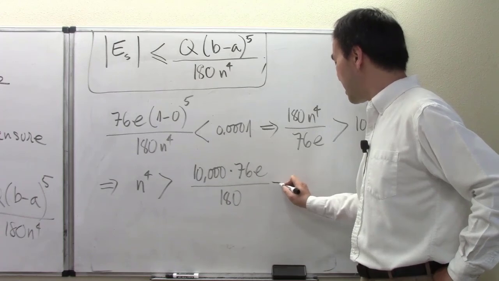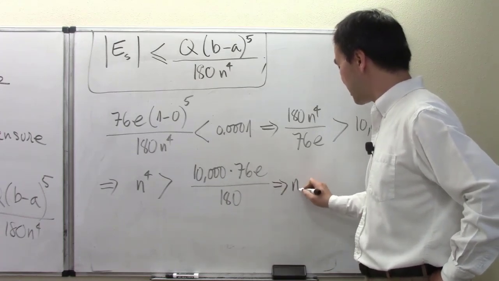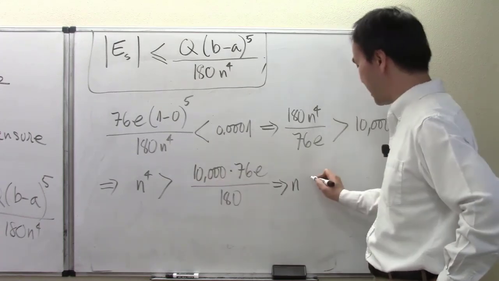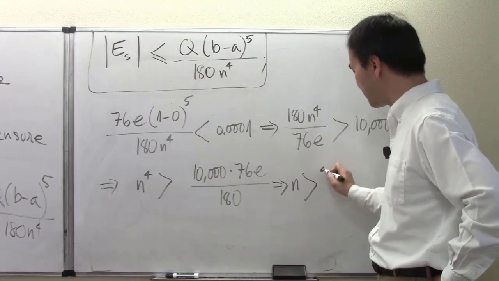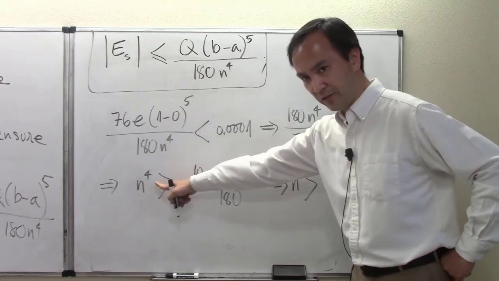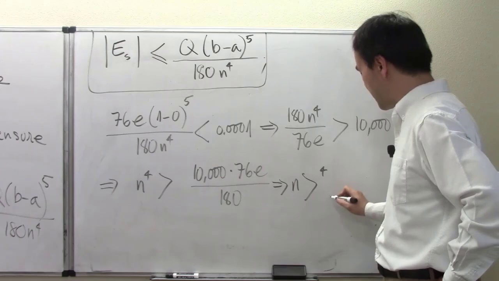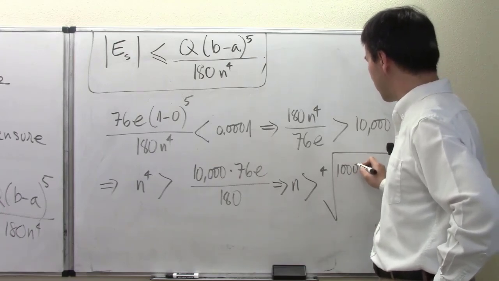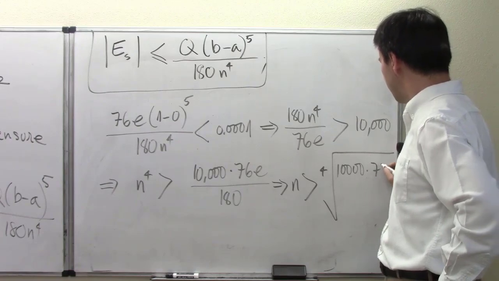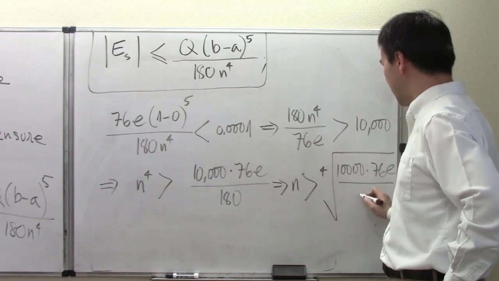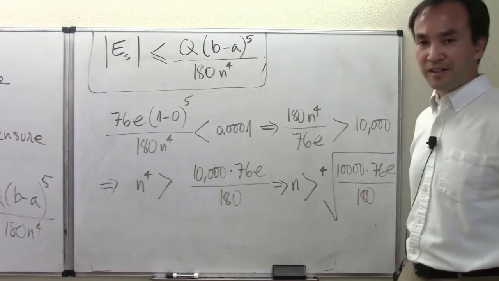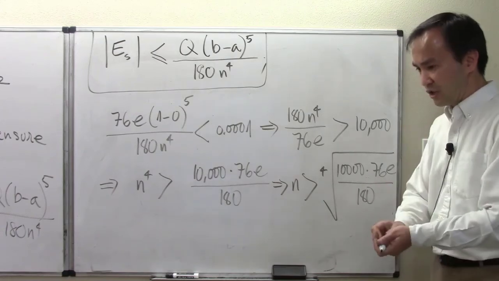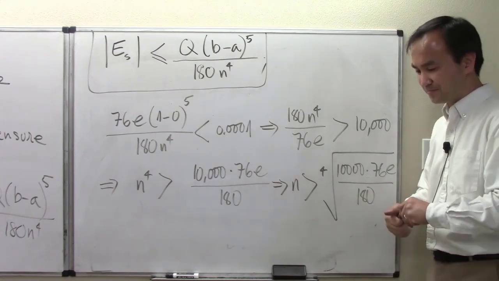Solving for n, n has to be greater than the fourth root, since it's raised to the fourth power, of 10,000 times 76e divided by 180. I'll use my calculator for the computation.